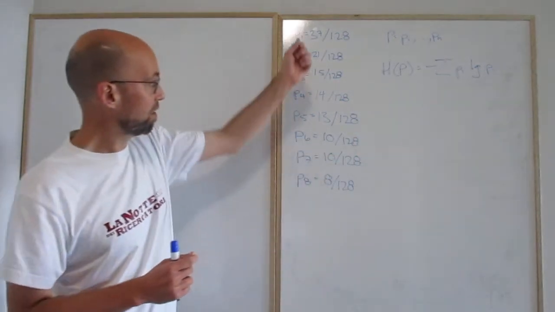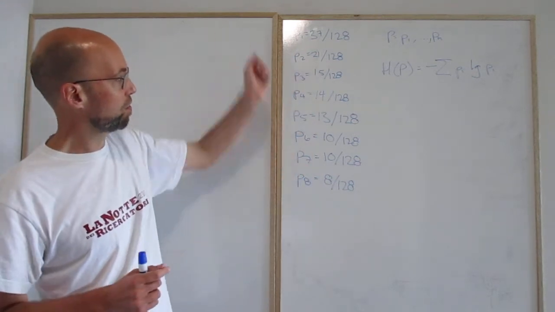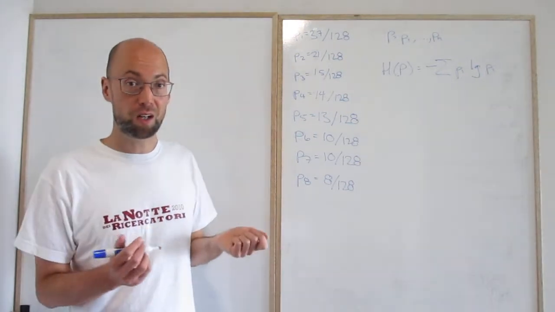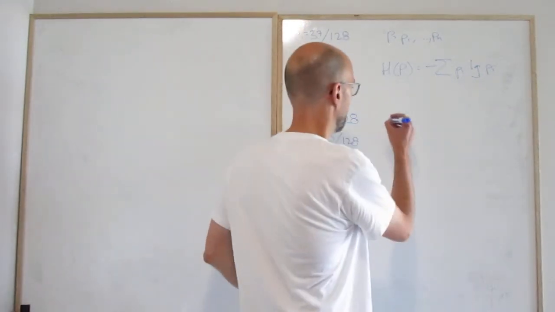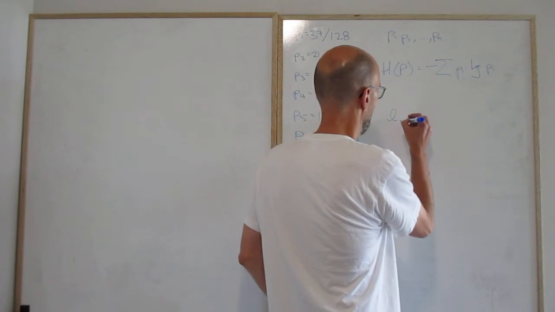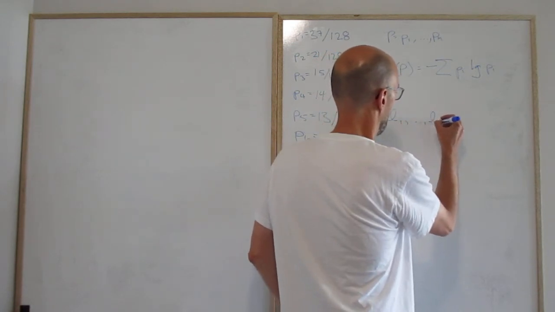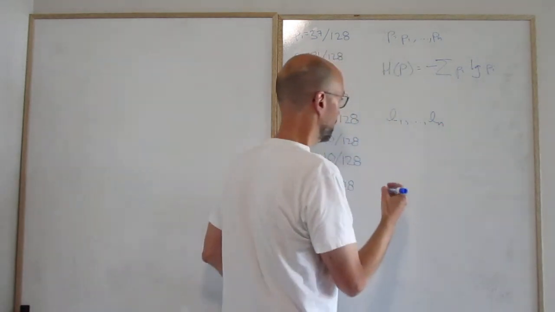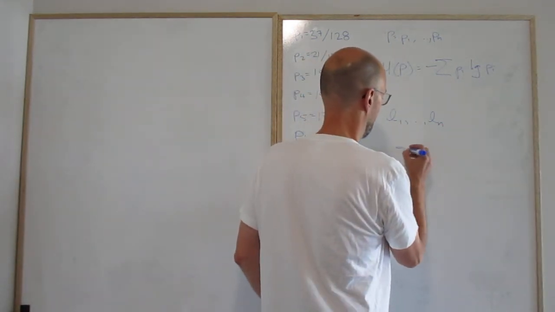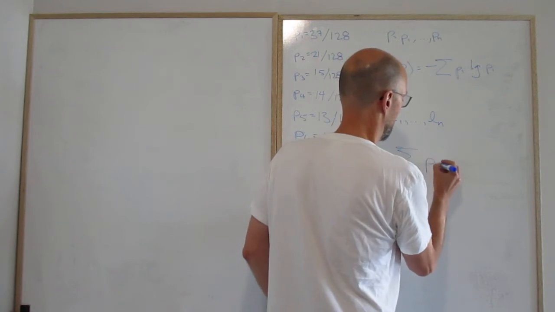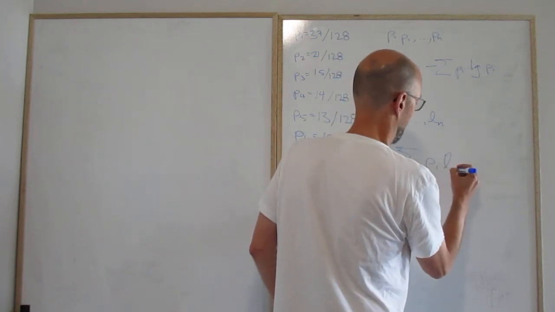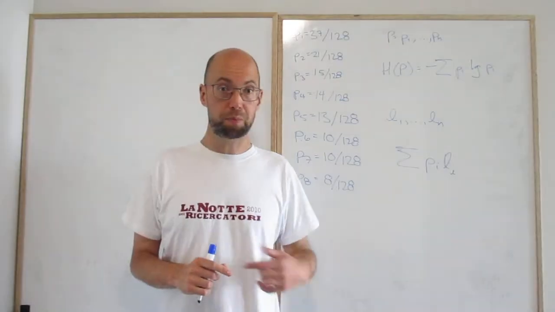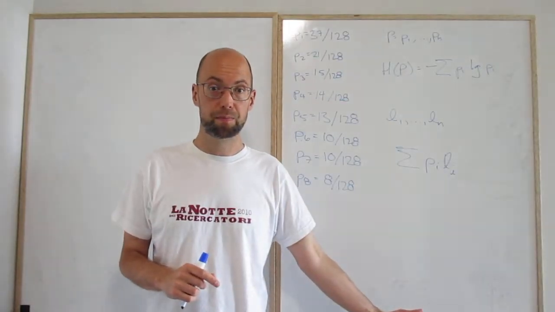Well, it means that I design the code and then one of these events happens, chosen according to this probability distribution. If my code words have length L1 to Ln, in this case 8, my expected code word length is the sum over pi Li. Right? So I send Li bits with probability pi. Okay?